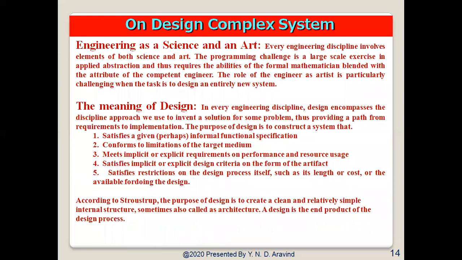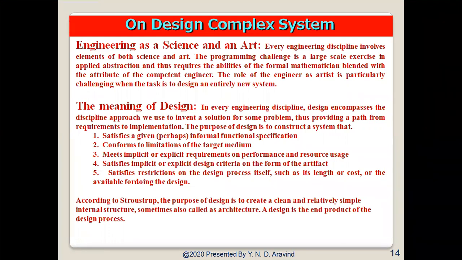Let us see how to design a complex system. So the practice of every engineering discipline, be it civil engineering or mechanical engineering or chemical engineering or electrical engineering or electronics engineering or software engineering, involves elements of both science and art.